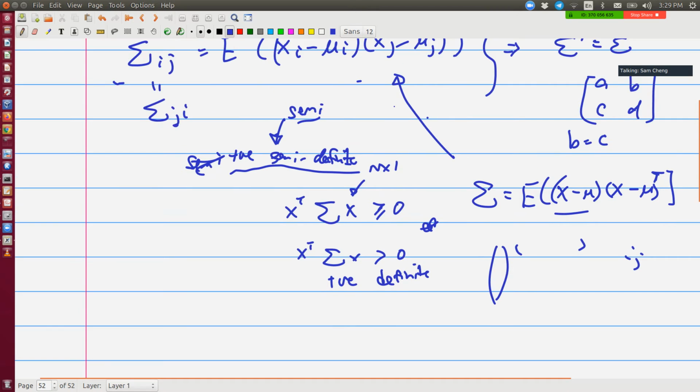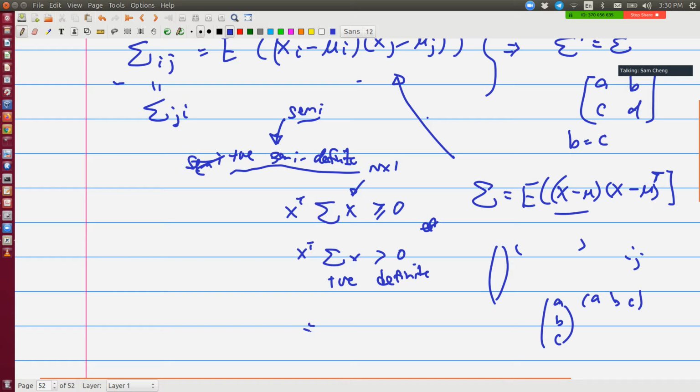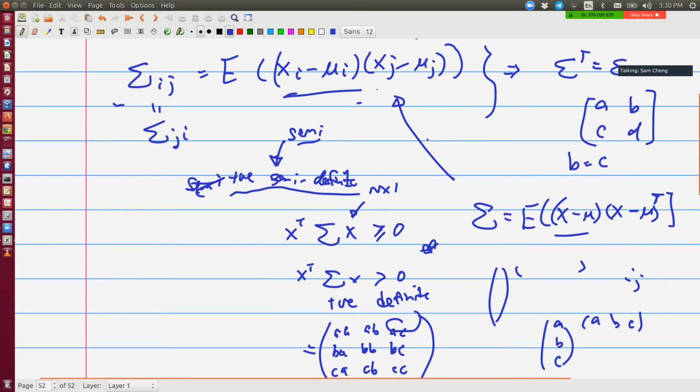For example, if you have A, B, C and A, B, C, when you multiply out you get AA, AB, AC, BA, BB, BC, CA, CB, CC. Each term is exactly this.